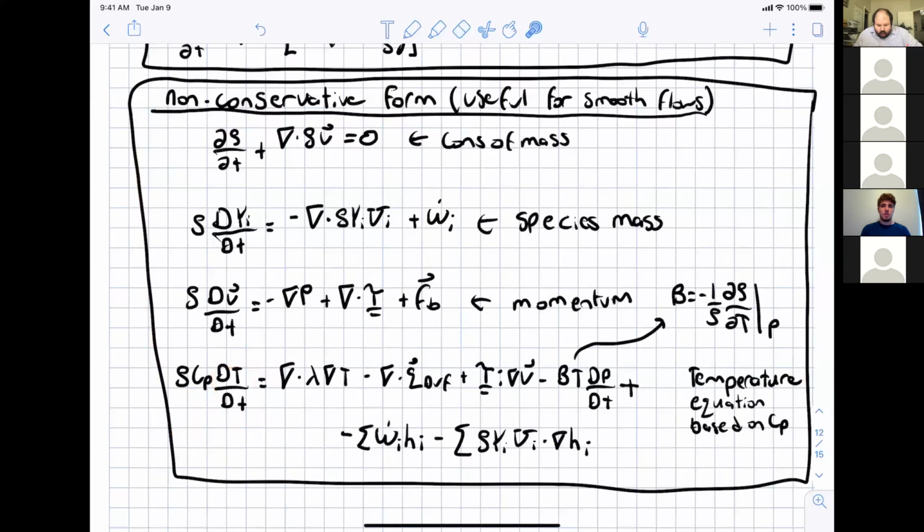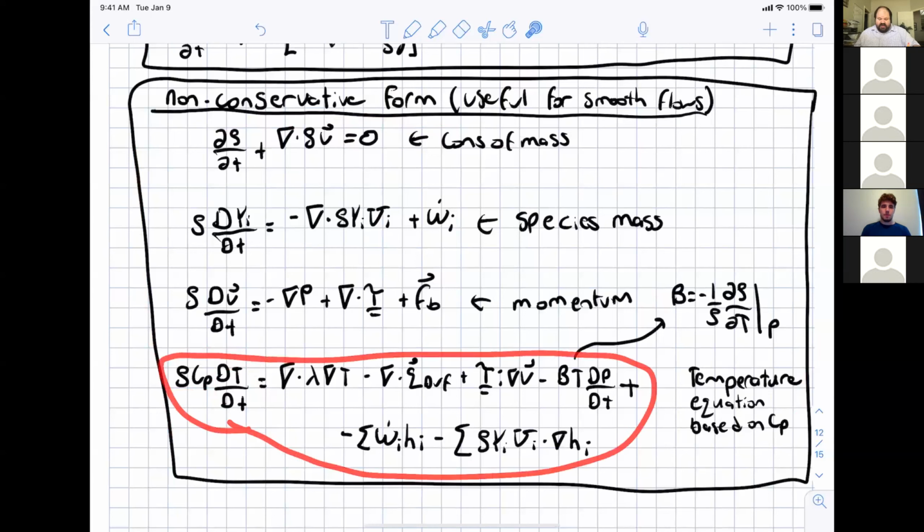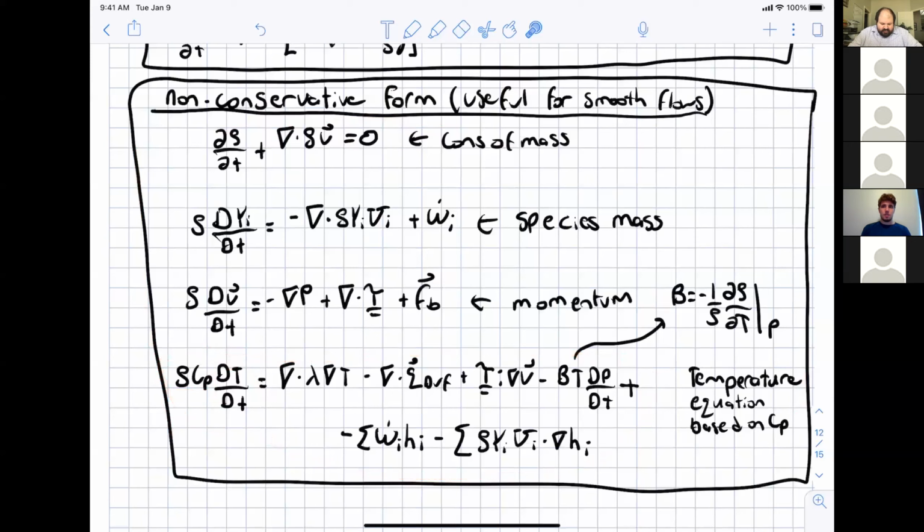In fact, you can only move the specific heat inside of this derivative if it is constant. That is the only time you can do that operation. So even though rho and c_p are outside of the derivative, this expression for the temperature equation is valid for a flow where both rho and c_p can change.